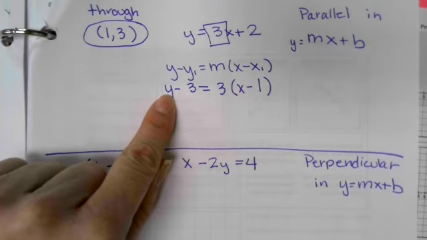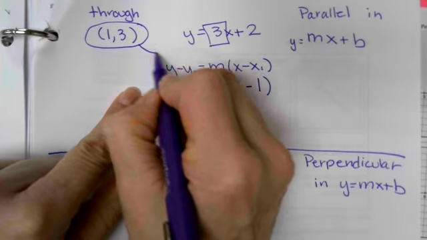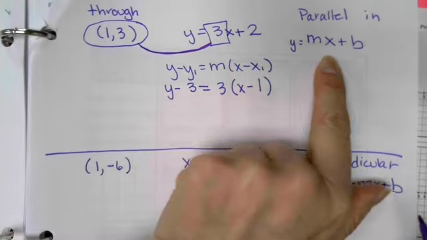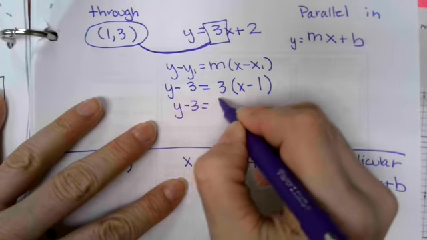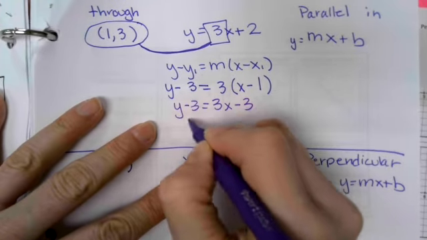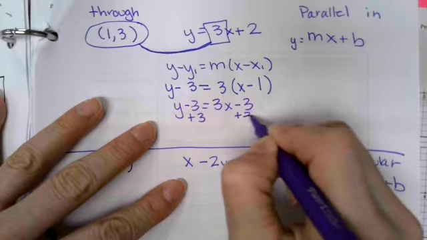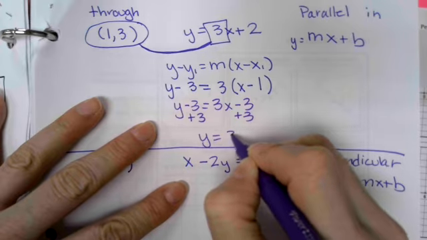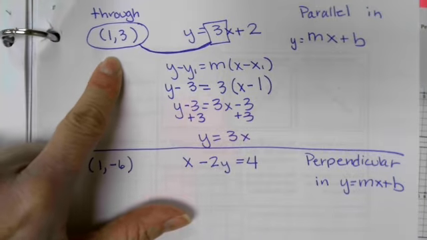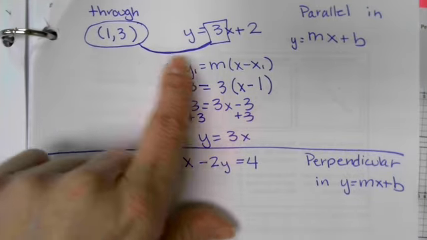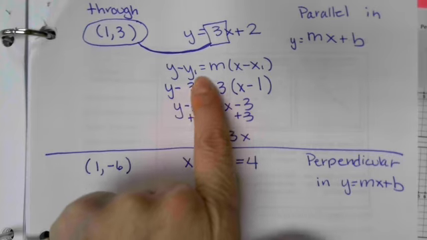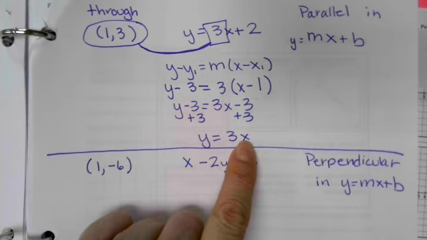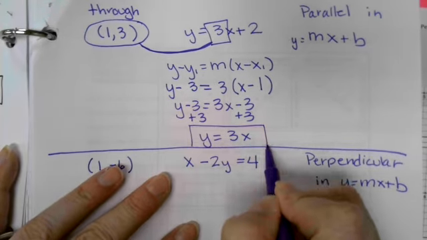I'm going to turn this point-slope, which was just convenient because of what I was given, into the slope-intercept I've been asked to use. And I get y equals 3x. So remember, the point that they give you, if it's not a 0, 5, 0, 2, something like that, you're probably going to want to start with point-slope to get to the slope-intercept equation.